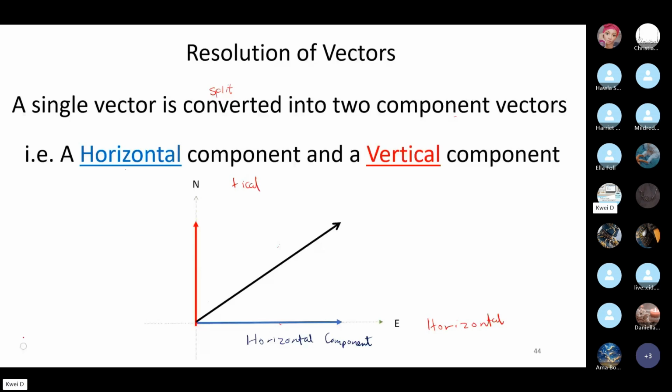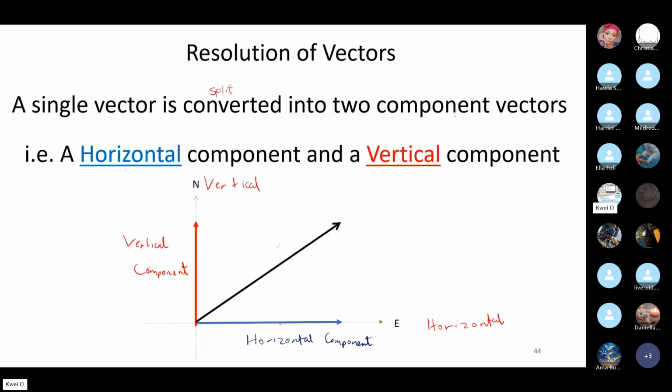Keep in mind that when I'm dealing with vectors, I told you earlier that when we say a vector, don't see it as something so strange. We've dealt with examples of vectors, and you know that, for example, a force is a vector. So when we say vectors, you can replace it with the examples. You can say resolution of forces.